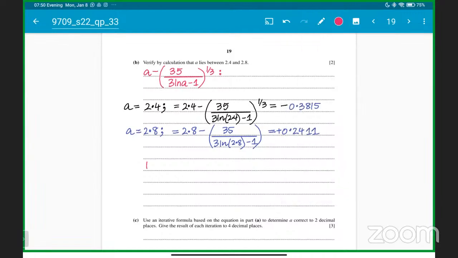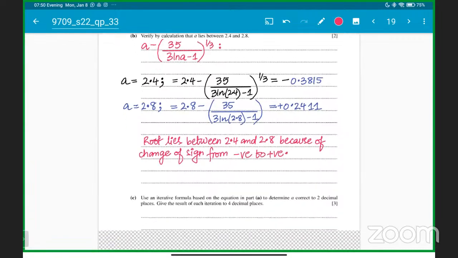So you can write down the answer, students, that the root lies between 2.4 and 2.8, because of the change of sign from negative to positive.